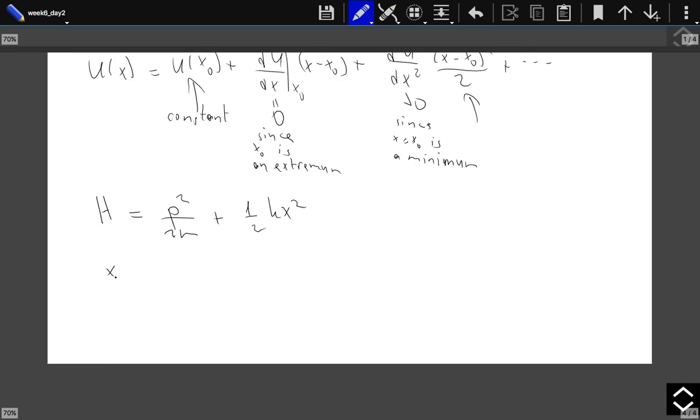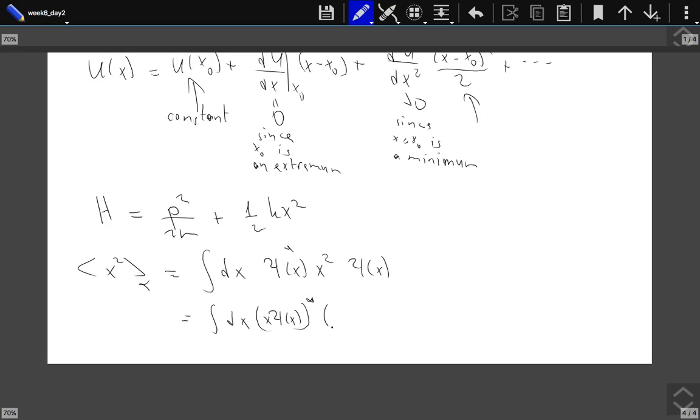Now, first of all, let's look at x squared, and let's consider it in any ket. In the coordinate space, we can write this as an integral of psi(x) star, x squared, psi(x), which is nothing but the integral dx of x times psi(x) star, times x times psi(x).